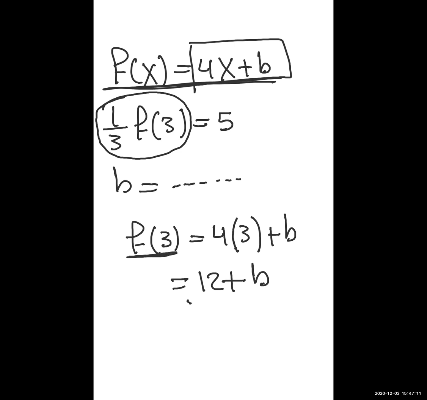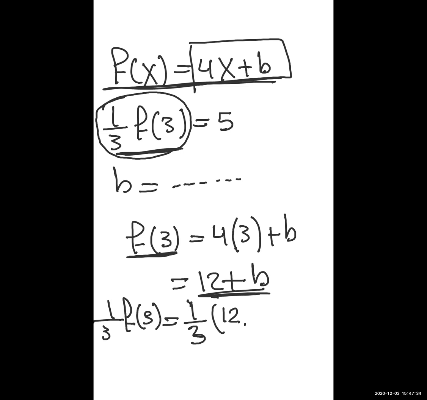Now in the question, it's given that 1/3 f of 3 equals 5. So 1/3 f of 3 will equal this value, 1/3 times 12 plus b.